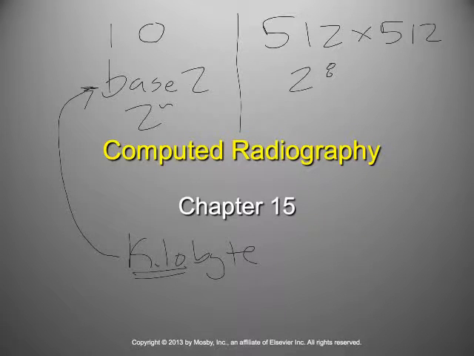So 1 kilobyte is equal to 1024 bytes, which is 2 to the 10th power.